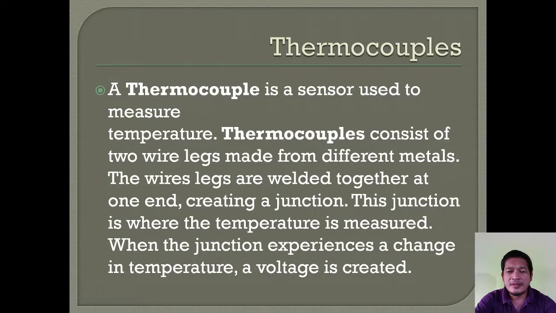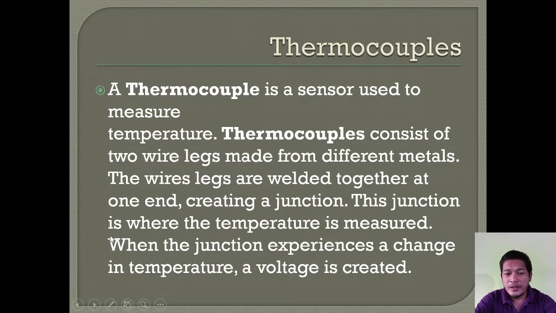So for thermocouples, the metals must not be the same; they must be different metals, for example one copper and the other, let us say, stainless. As long as the types of metals are not the same, they can be used. The wire legs are welded together at one end, creating a junction.